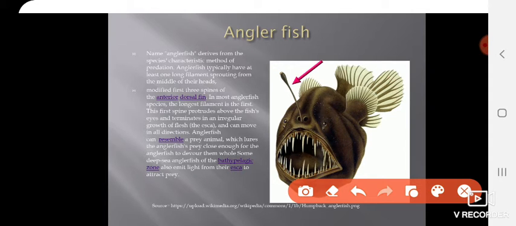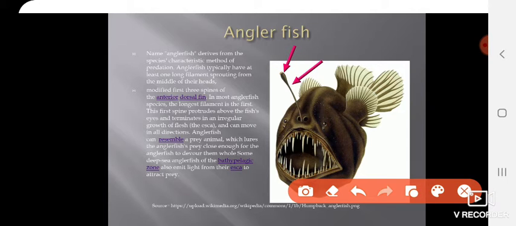The first spine develops into a rod-like structure and bears a fleshy mass at its tip. This fleshy mass acts like a bait, also known as the illicium. This pointed structure attracts other fishes, worms and prey.